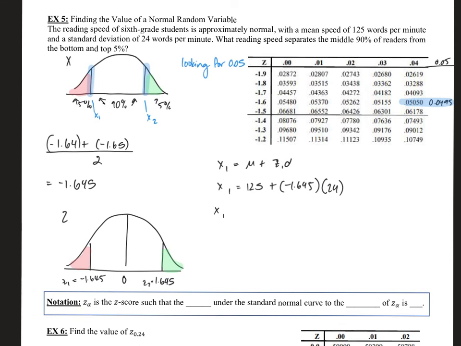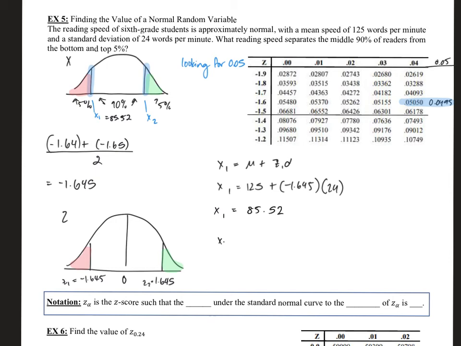And then we get x1 equals 85.52. So that's this value, 85.52, when we translate back from being in the z-scores to being in the regular x for the random variable.